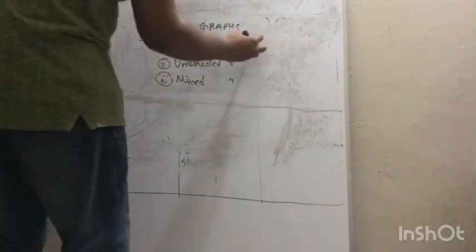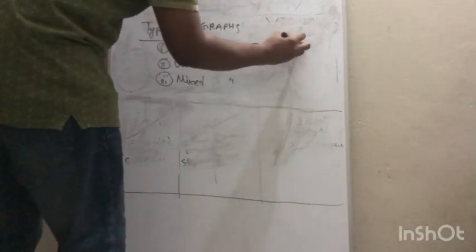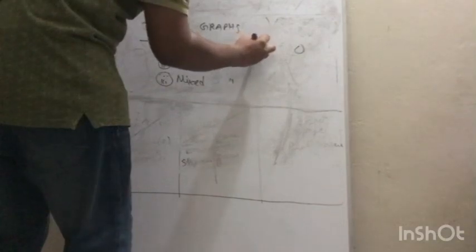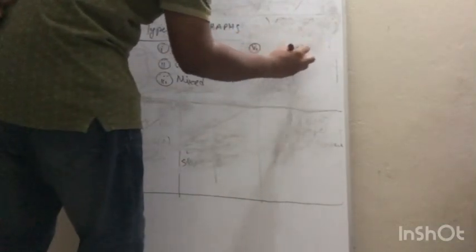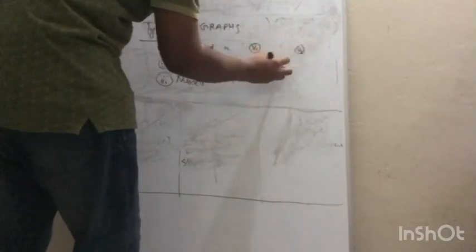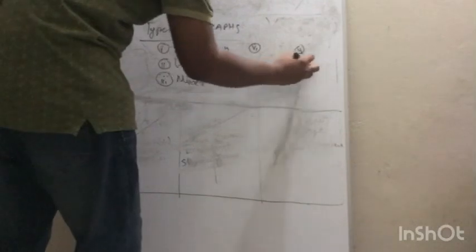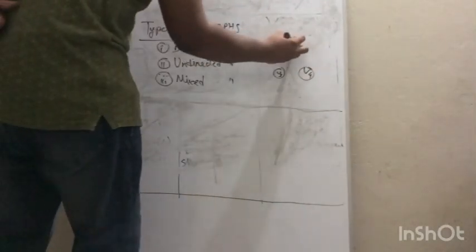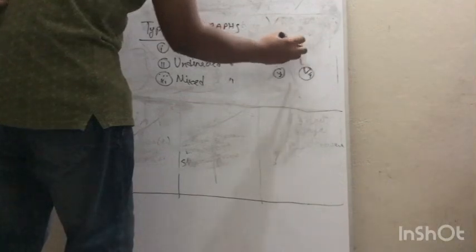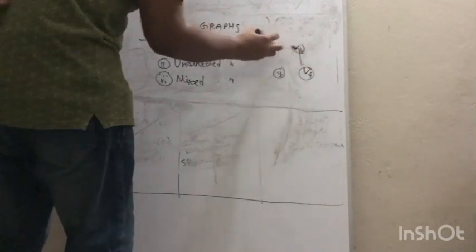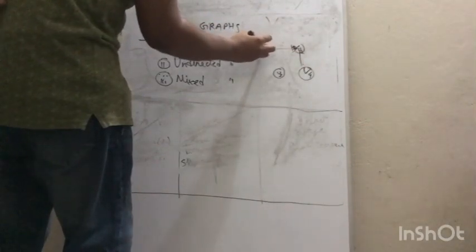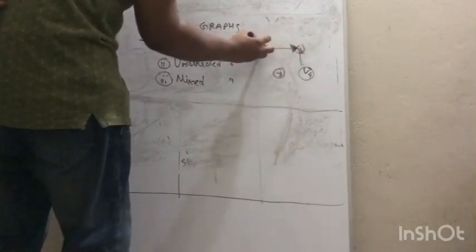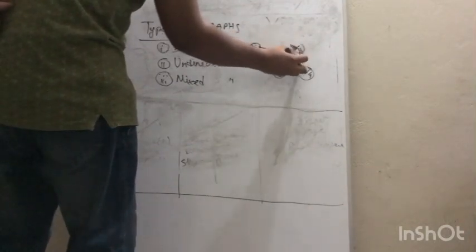If the vertices are directed, really connected, the edges have an origin and a destination.